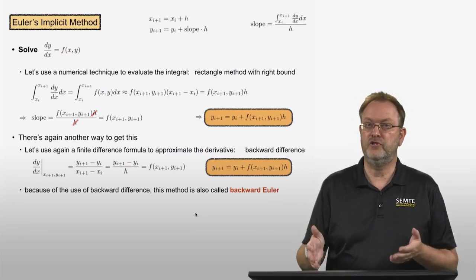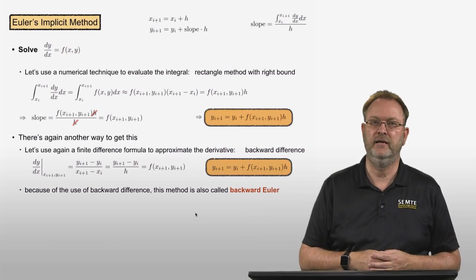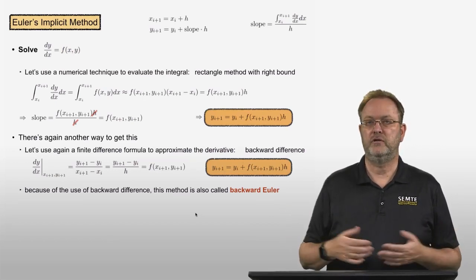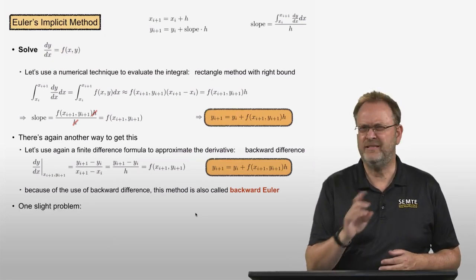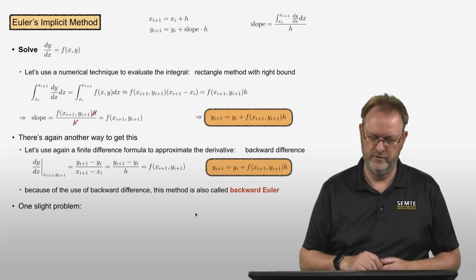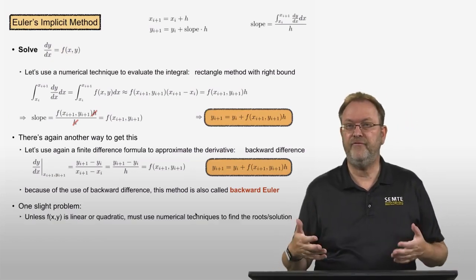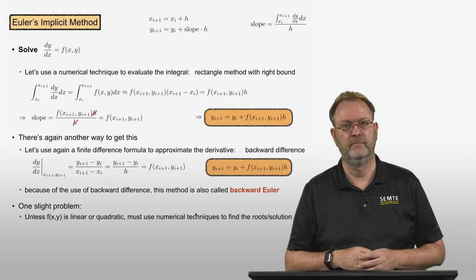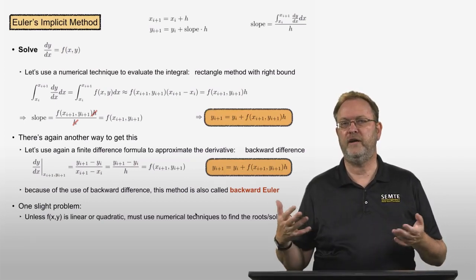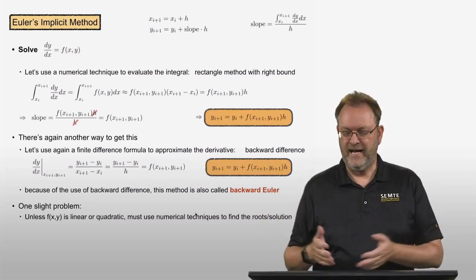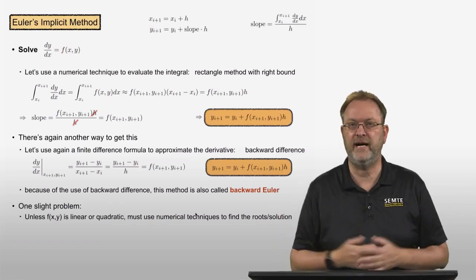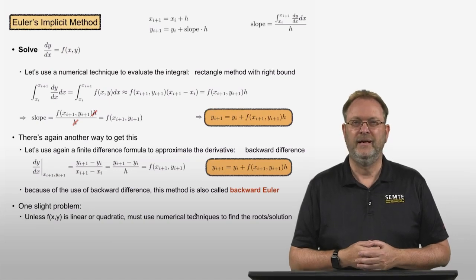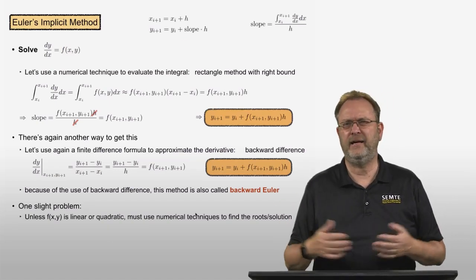Now, because of the use of backward differences in the derivation using finite differences, this method is also called backward Euler. Now there's one tiny challenge with this. Unless f, this right-hand side function, is linear or quadratic, I have to solve a nonlinear equation here to find out what y_{i+1} is. If f is linear or quadratic, I can easily do that.